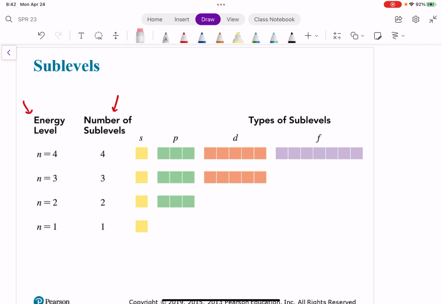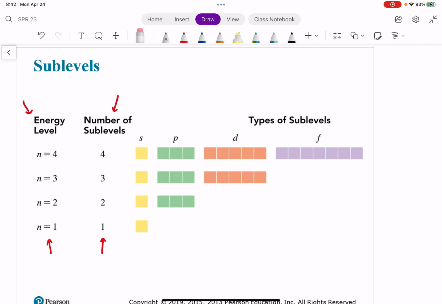Then we've also got types of sublevels. So there's the number of sublevels, and then there's the type. The type is given by those S, P, D, and F. If you're in energy level 1, you have one sublevel, and the type of that sublevel is S. We'll talk about what S looks like in a little bit.